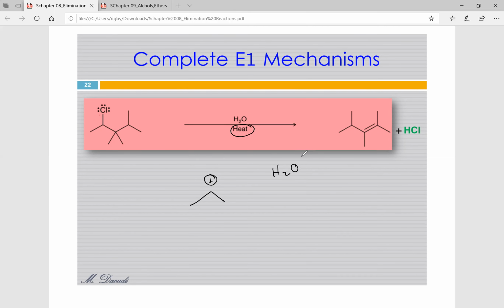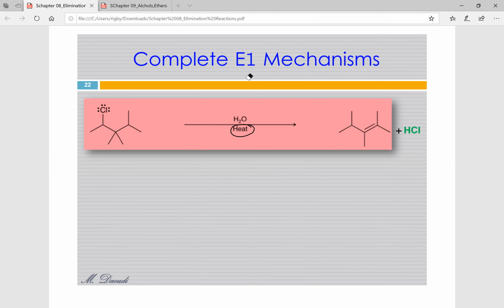So SN1 and E1 will always occur simultaneously. The way that we force one to occur over the other is to use different environmental situations, such as using heat to encourage the elimination reaction to occur. Okay? So when we see heat, we know that it's probably going to end up being an elimination reaction.